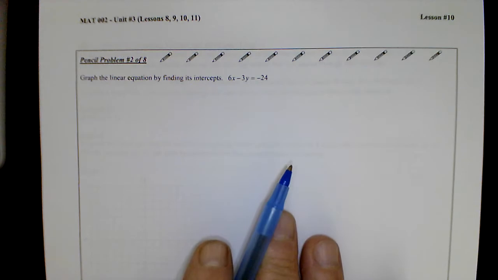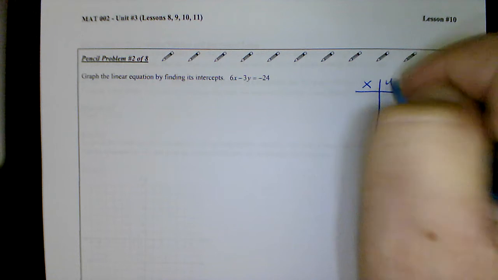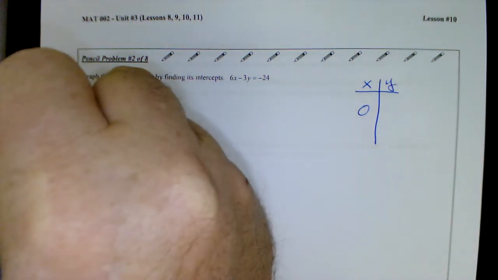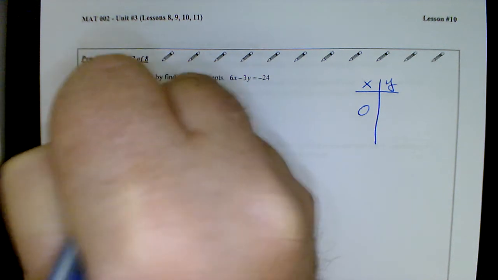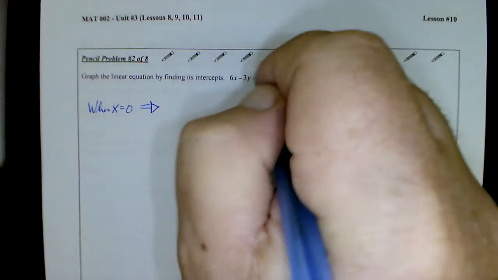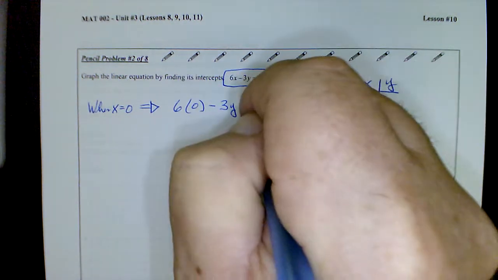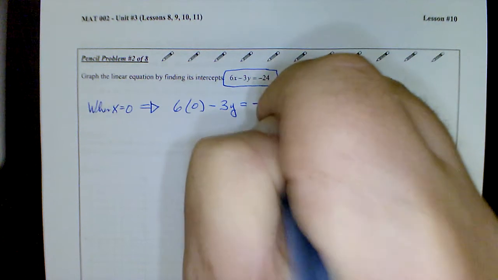So it'll tell you to find the intercepts and graph by finding them. So the easiest way again is set up a table, x and y, let x be 0, find y. So when x equals 0, then we have, okay, here's our go-to equation. You really don't even need to show the substitution, as I've mentioned before, when you're substituting 0, because that term basically disappears.